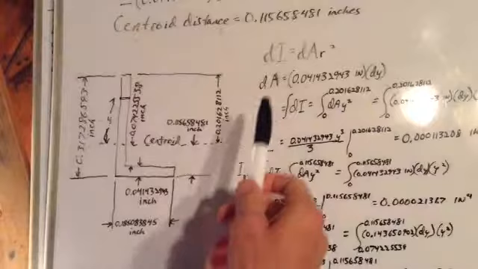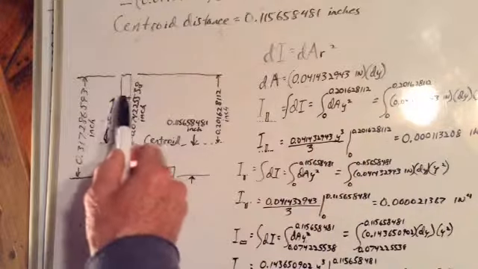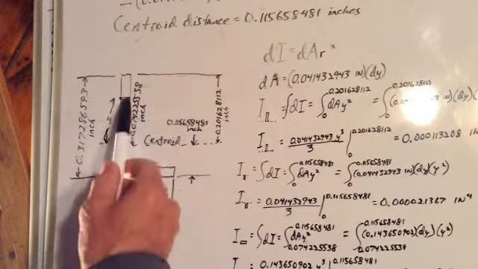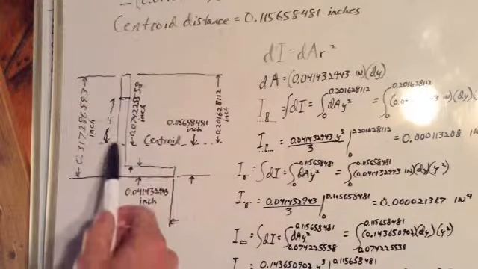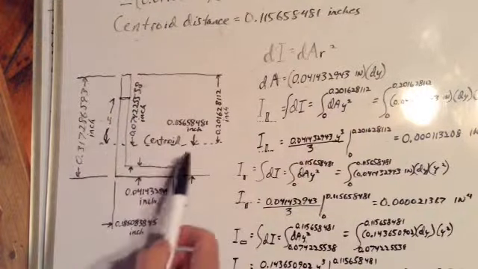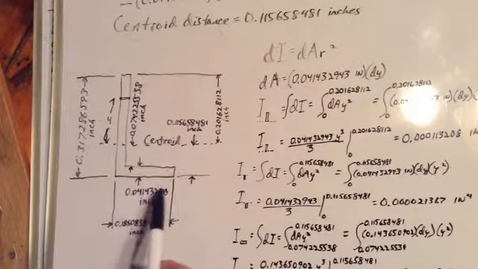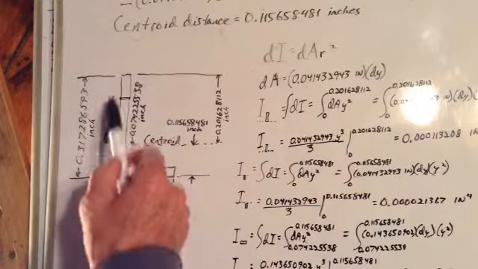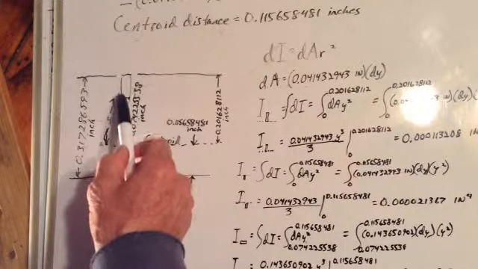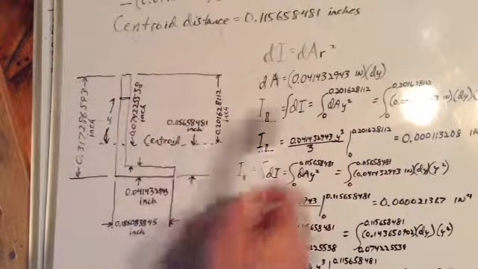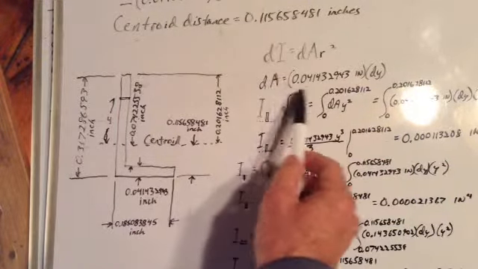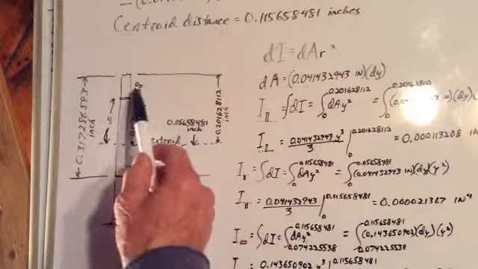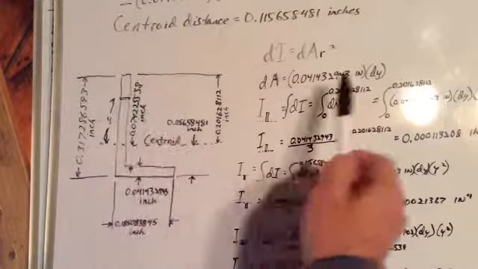So dI equals that little area, dA, which is that distance times that distance. Well, that distance is the thickness of our L, which was the 0.0414, 41 thousandths of an inch. And if this is y, then we'll call that distance dy. So our little increment of area is the thickness, that distance across there, times dy.